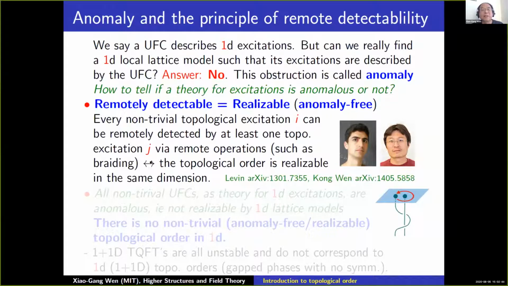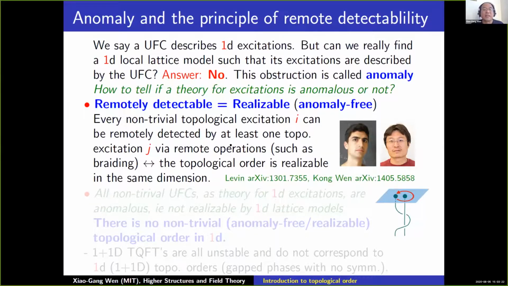And this remote operation is something like braiding. Suppose we have an excitation here, and we want to use another excitation to probe it. We can just braid this second excitation around the first one, far away, never coming close to the first one. Therefore, if every excitation can be detected this way, we say it's remotely detectable, or anomaly free.